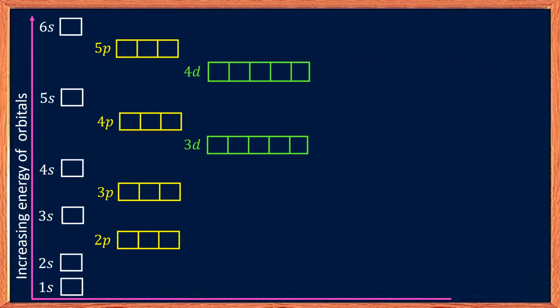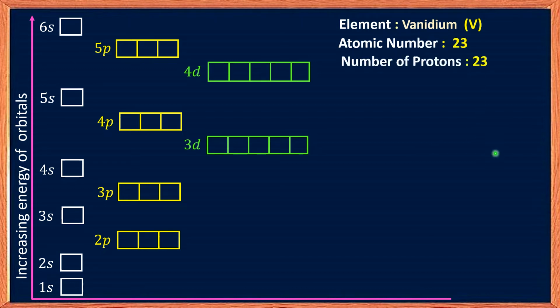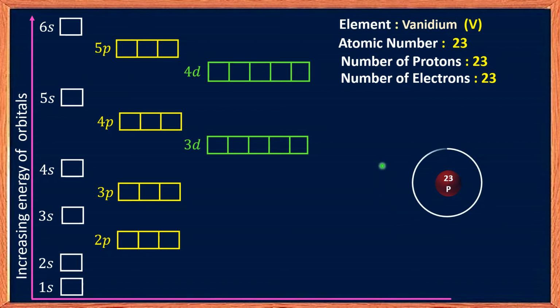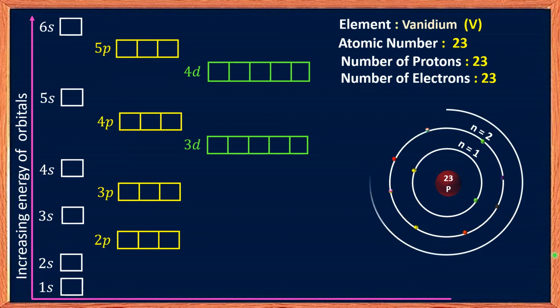Next, vanadium V, atomic number 23, number of protons 23, number of electrons 23. 23 electrons are revolving around the nucleus of vanadium. The first orbit contains 2 electrons, the second orbit has 8 electrons, and the third orbit has 13 electrons.